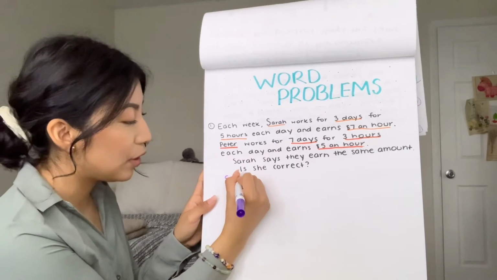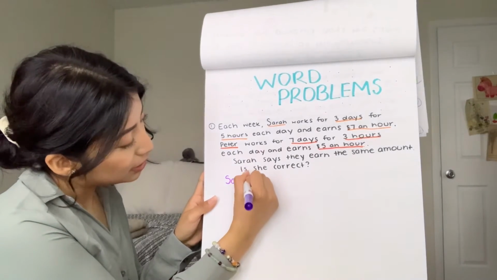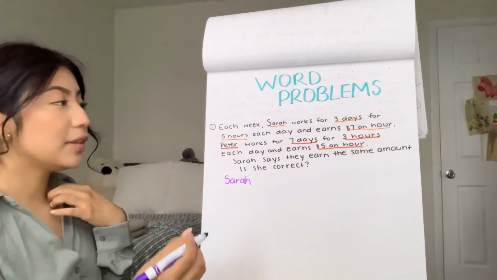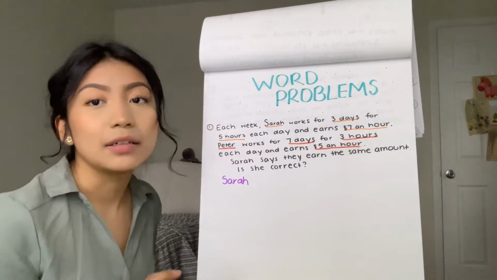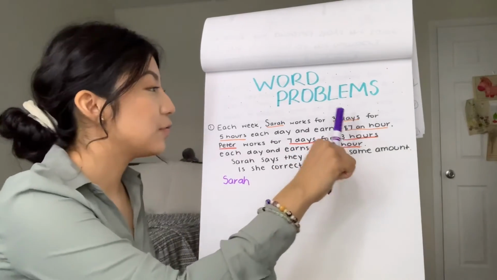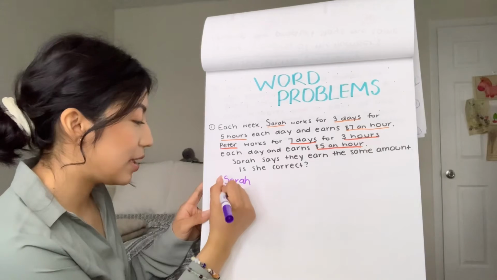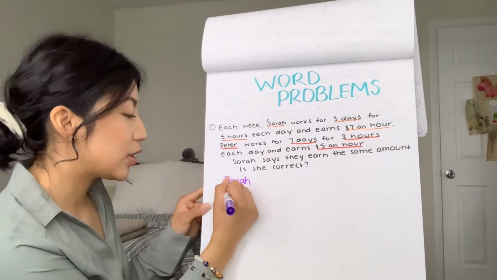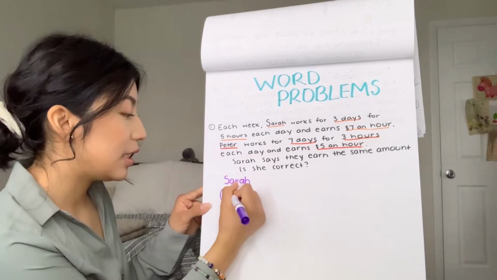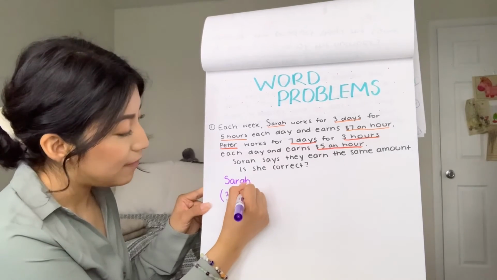Let's write down her numbers first. Okay, so what do we know about Sarah? Yes, she works 3 days for 5 hours. So let's write that down. Okay, let's do that in our parentheses. She works for 3 days and she works 5 hours.